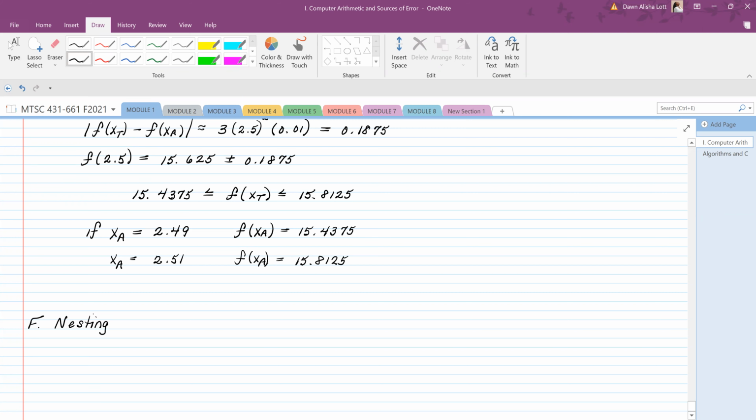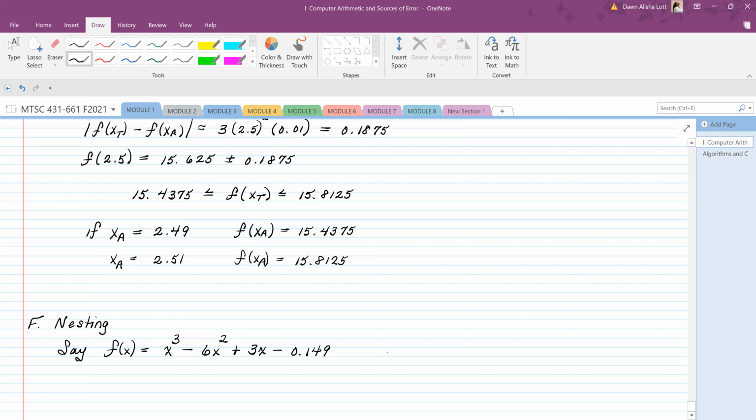Now, nesting is actually very cool. The reason why nesting is so cool is because let's suppose I'm looking at f of x equal to x cubed minus 6x squared plus 3x minus 0.149.